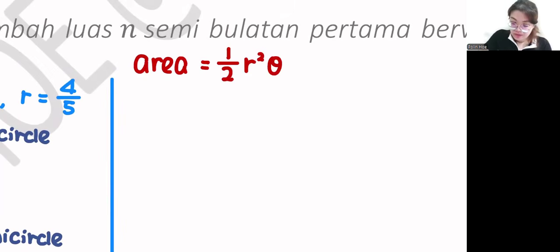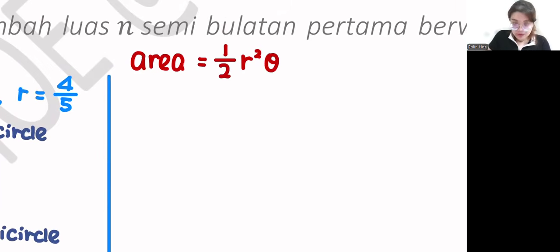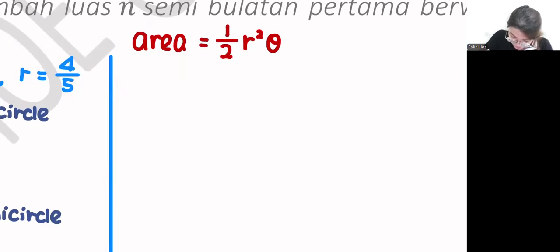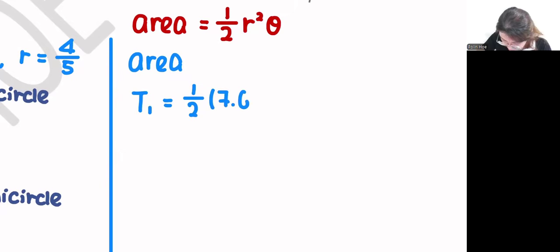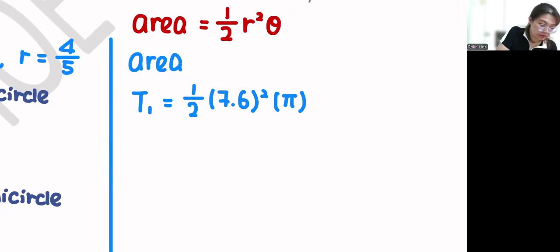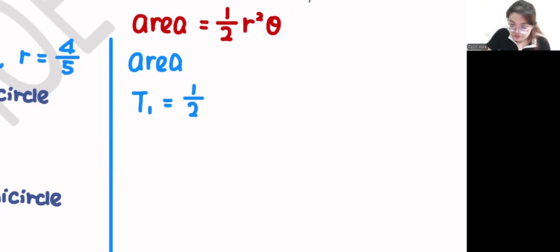This is Form 5 Chapter 1 also, but you just substitute into this. So the first one, one over 2, 7.6 squared theta. Pi we don't press on the calculator. Correct? Wrong. Because I want the radius. I do not want the diameter.